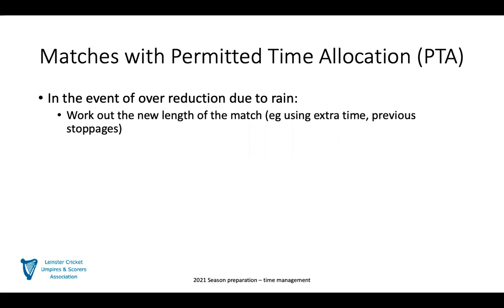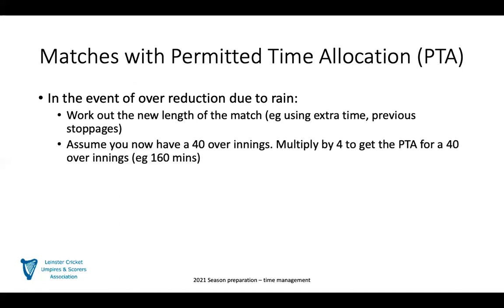So it's rained for a certain amount of time, and you're going to reduce the game down to, say, a 12 over a side game. Do your normal calculations. Don't think about the permitted time allocation at this stage, and just work out the new length of the match. So assume you started as a 50 over game. It rains, you've done your calculations, and now you've got a 40 over per side match.